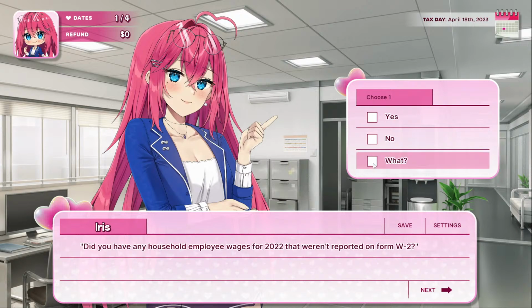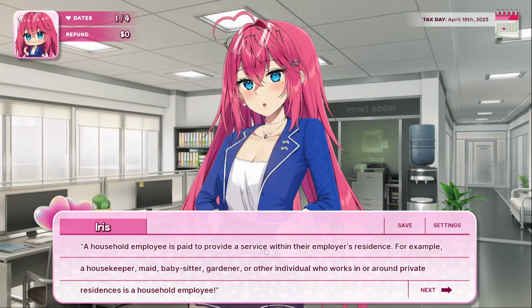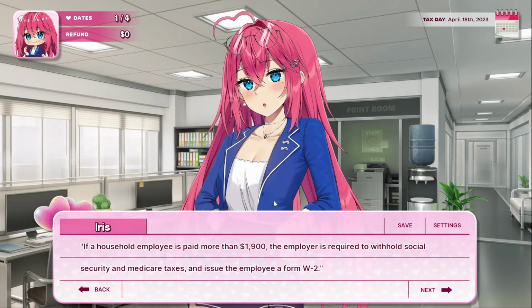Okay, let's ask. Most employees are paid to provide service in their employer's residence, for example. Oh, I should have just done that. If you pay a household employee more than 1,900, the employer is required to withhold Social Security and Medicare taxes and issue a W-2. Ah, okay.